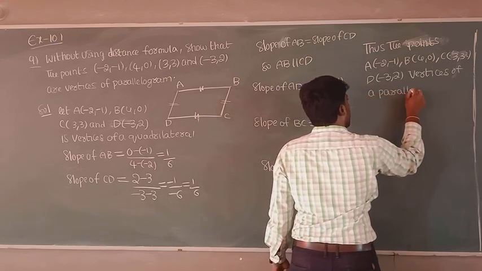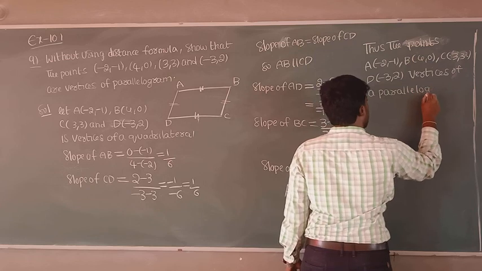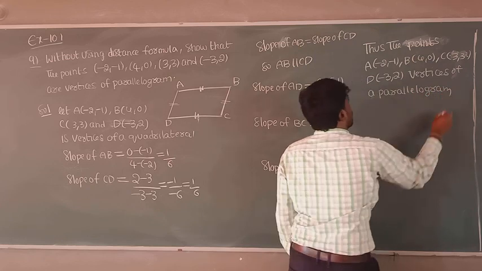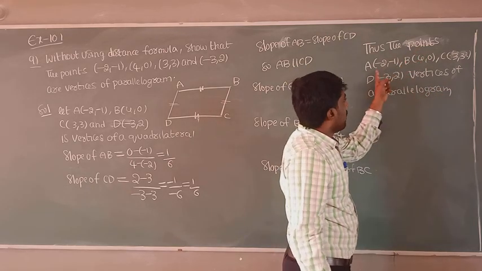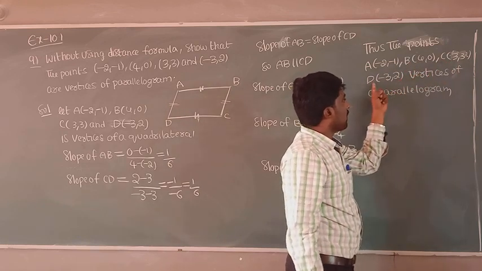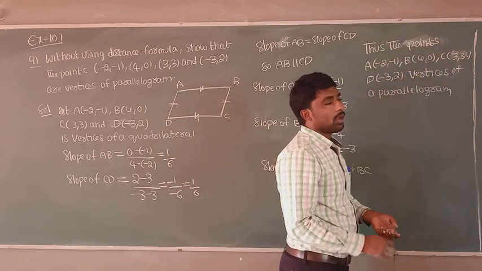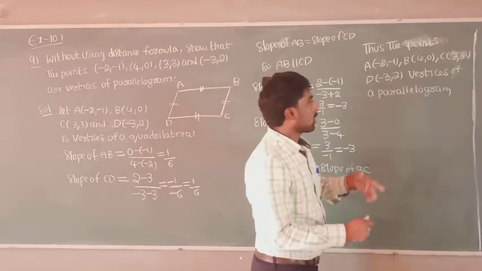So finally I proved that the points A, B, C, and D are vertices of a parallelogram. I proved it. Is it clear, everyone?